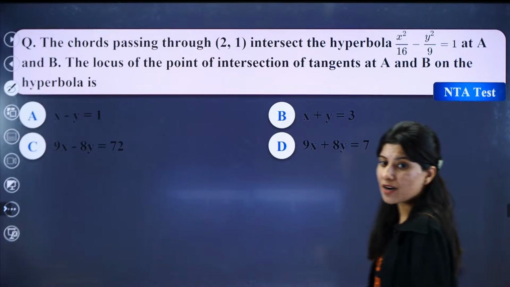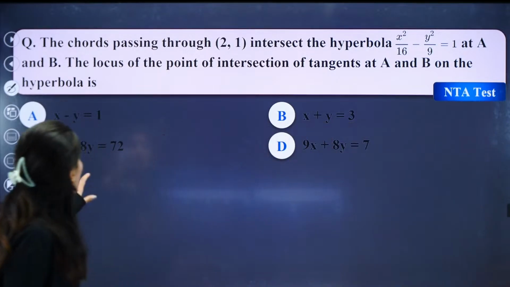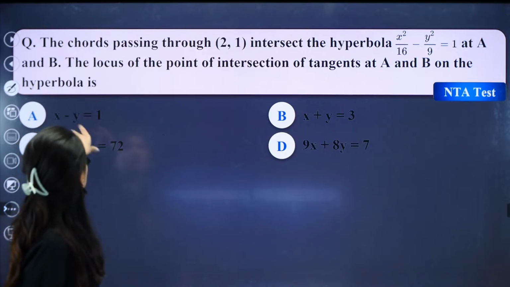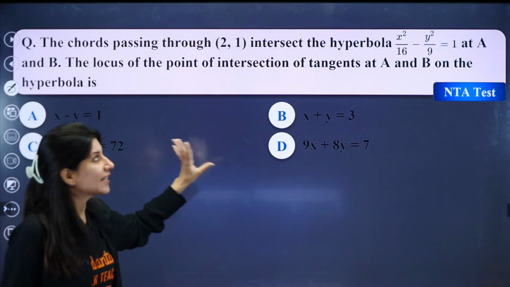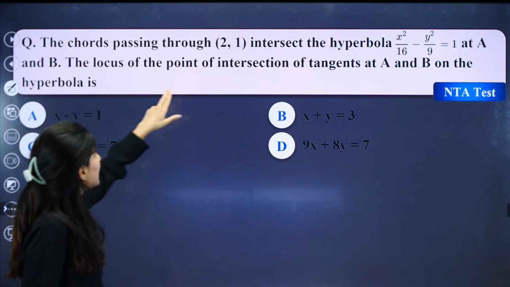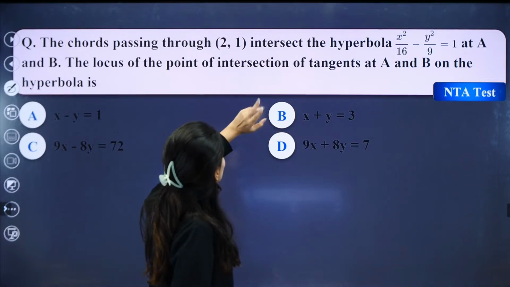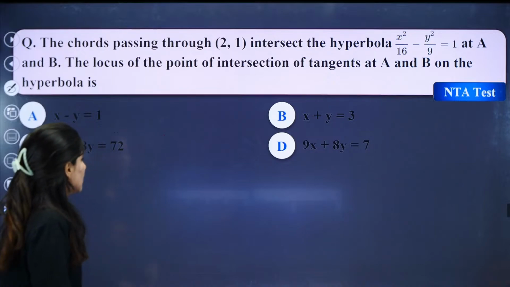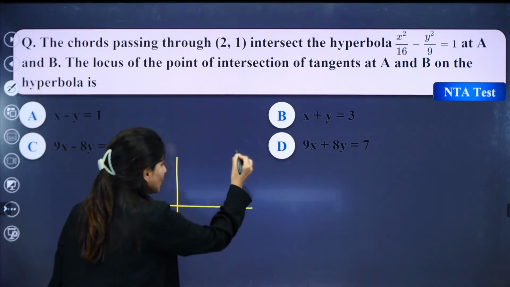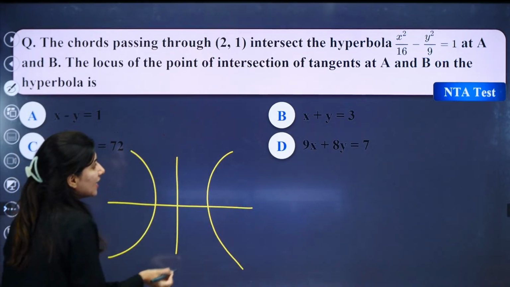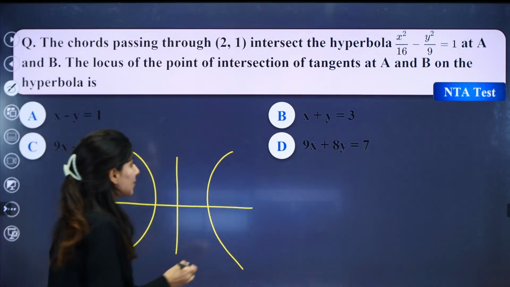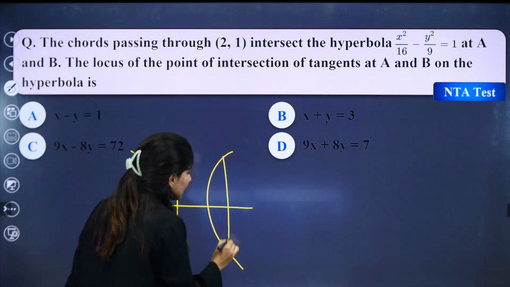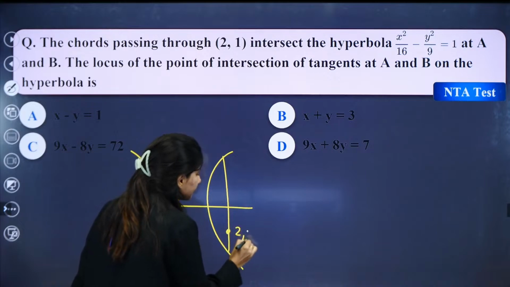Now let us come back to this question wherein the chords pass through (2, 1). This question is actually from hyperbola, that means conic sections. The chords passing through (2, 1) intersect the hyperbola at A and B. So you have a hyperbola like this and a chord of that hyperbola passing through the point (2, 1).